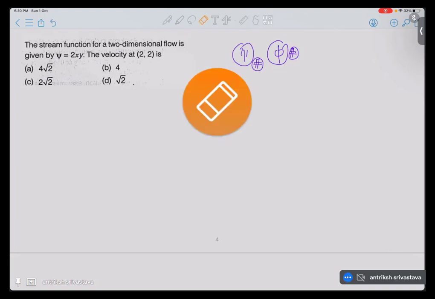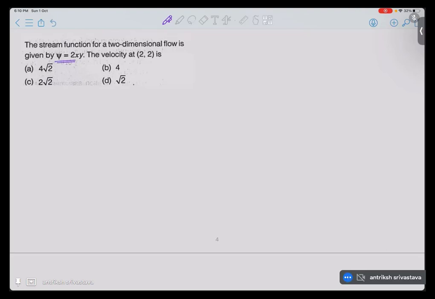So I will try my best to cover these concepts, and we will see if it helps. Okay, so this question: the stream function for a two-dimensional flow is given by psi is equal to 2xy.